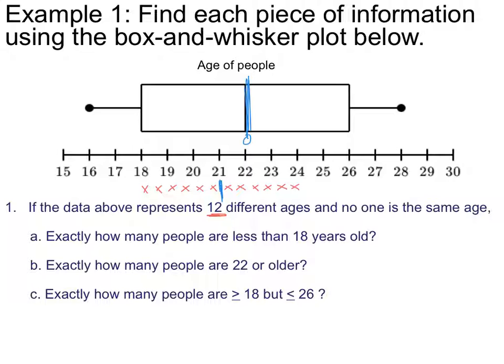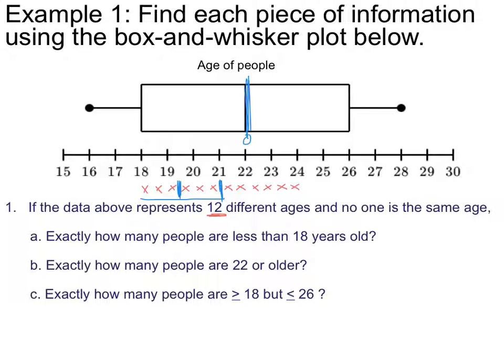So now we've got to do our quartiles. When we go to do quartile 1, we're going to take all of the data that was below the median, which are those 6 values, and cut that in half. When we cut 6 in half and find the middle, again it's going to end up being a middle that's right in between two values.